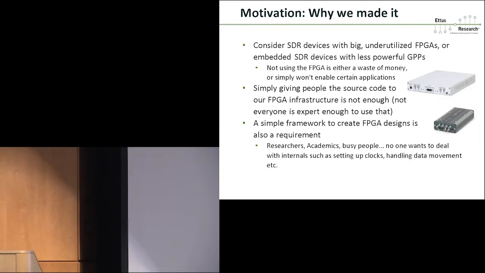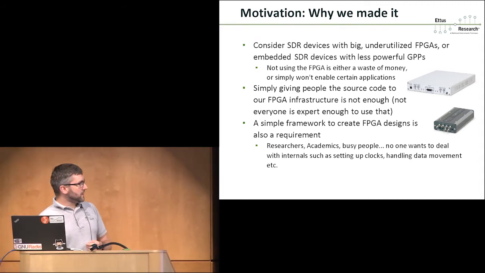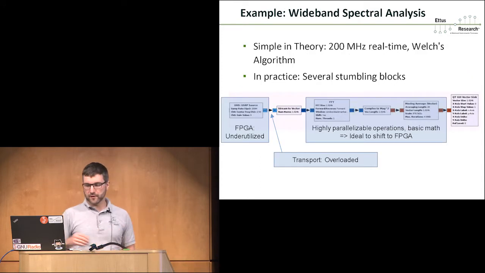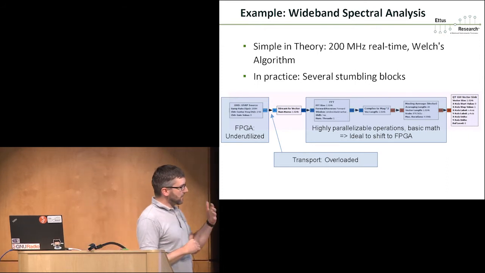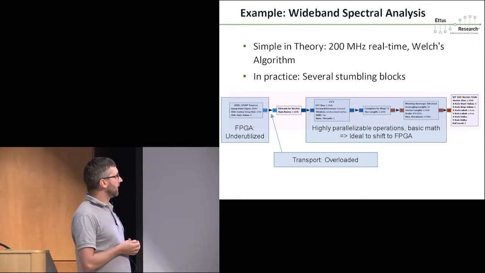Okay, so yeah, a lot of good reasons to use RFNoC. Either because you have a big FPGA and there's lots of space and you want to make use of the processing, or because you have a very weak CPU, so you actually have to offload stuff off there. You don't want to run everything in software. And this is sort of my favorite example. I've had this on most RFNoC slides since the very beginning.